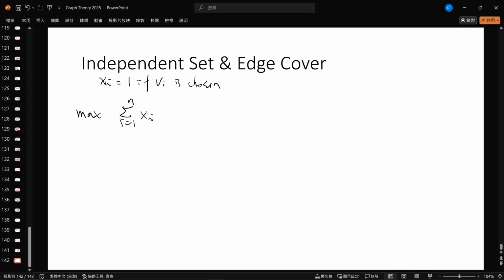We want to pick as many vertices as possible in our independent set. And the constraint is that for every edge, we can pick at most one of the endpoints.